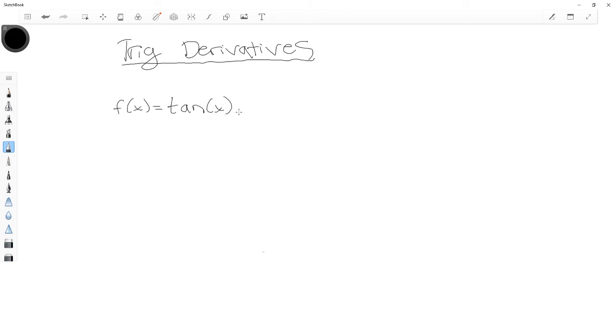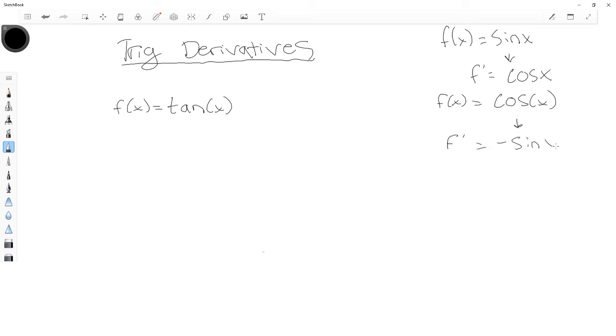So we have f of x equals tangent of x. And I'm just going to write up here real quick the two fundamental ones. Okay, so we can separate tangent into sine over cosine.